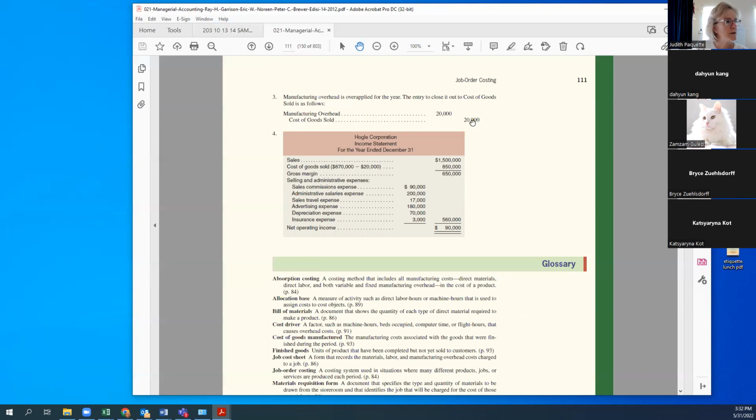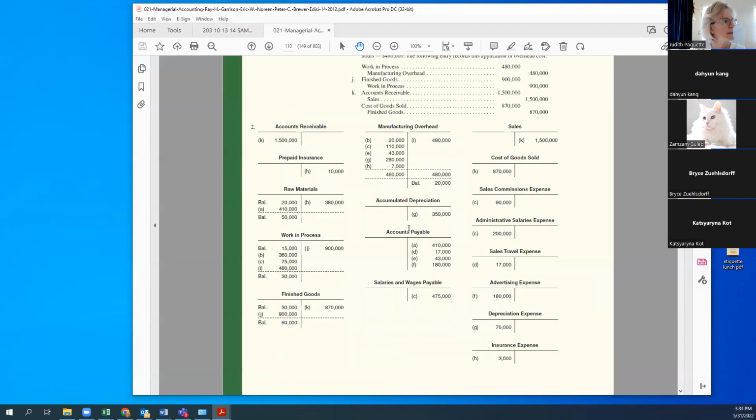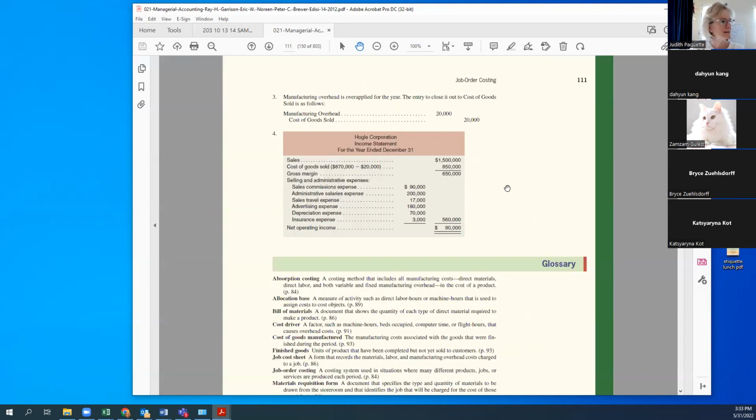So you can see here, this credit to cost of goods sold is actually going to lower the cost of goods sold. Originally, you had 870. If we go back to the T account here, it was 870, but it's actually only going to be 850,000 in this example because you had over-applied overhead. Okay, so just be able to calculate those. All right.